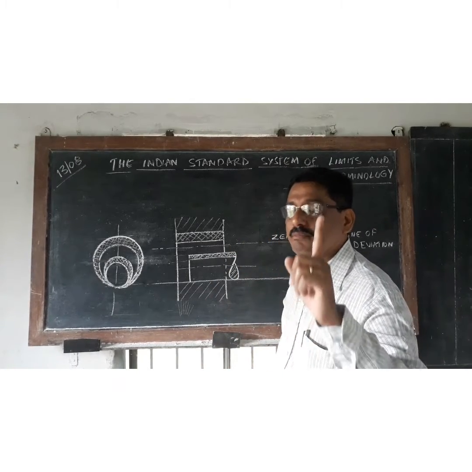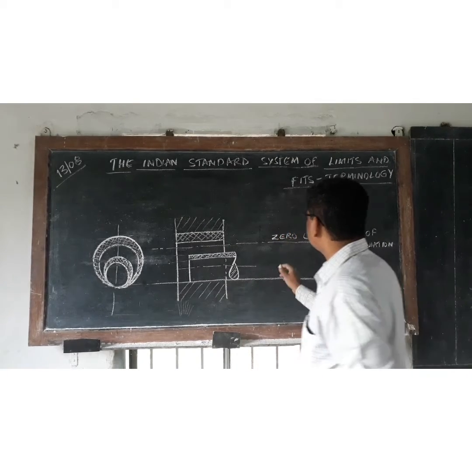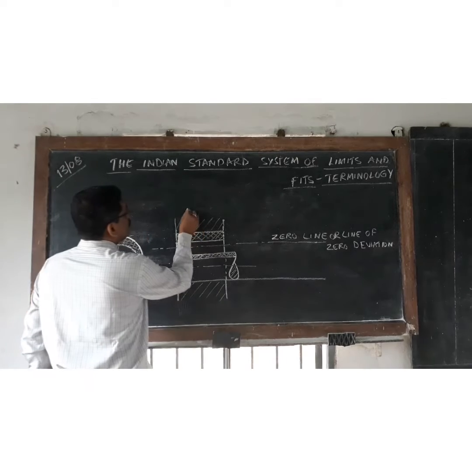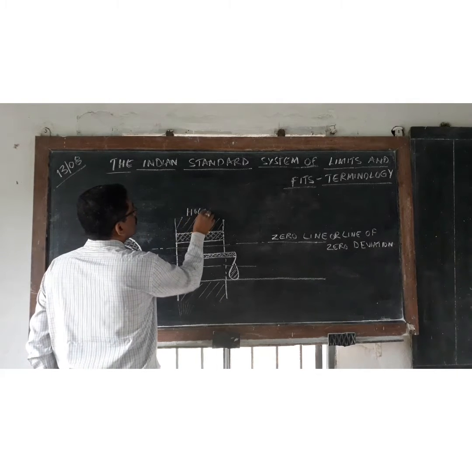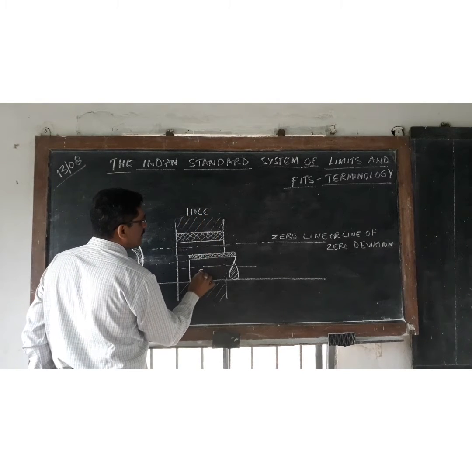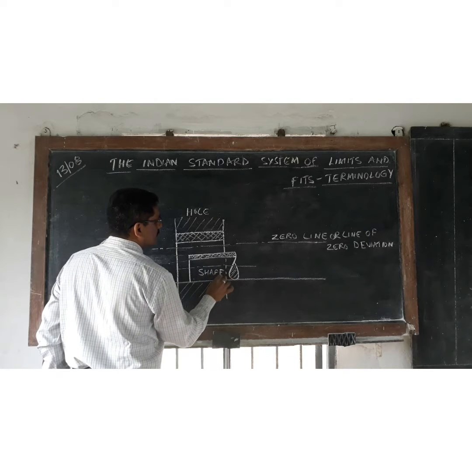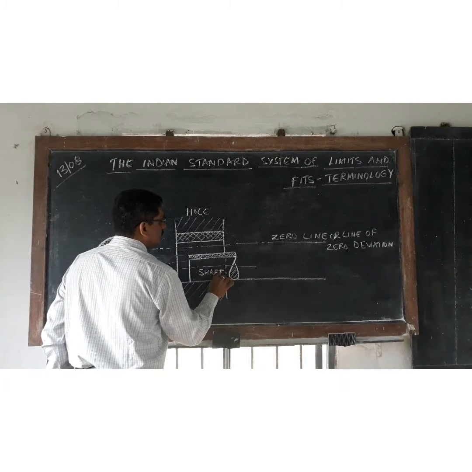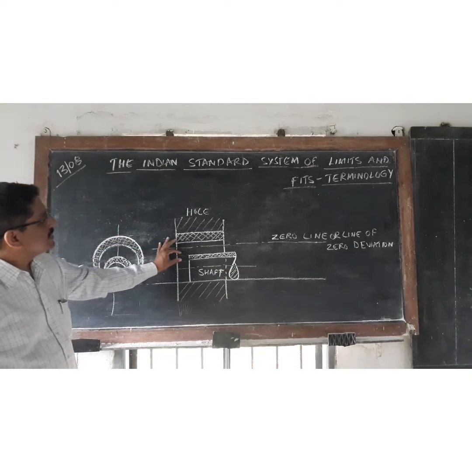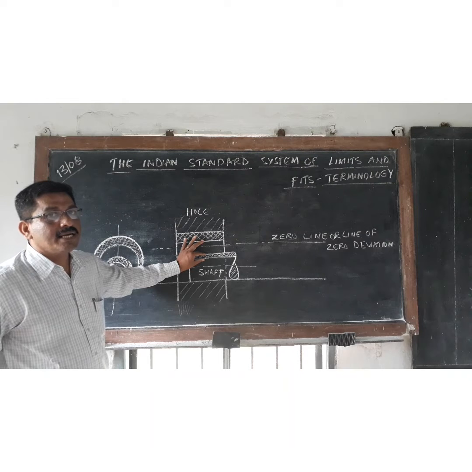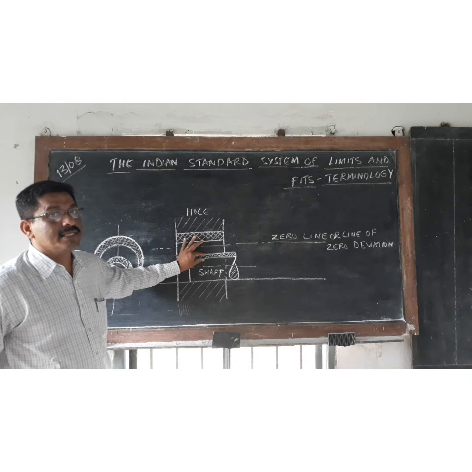The first one is the basic size. Now you see, this is the hole, and this is the shaft. These hatched lines are the deviations.